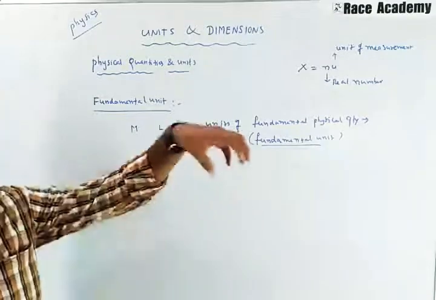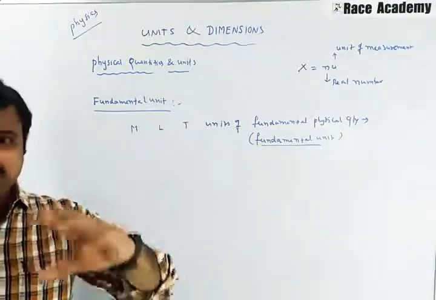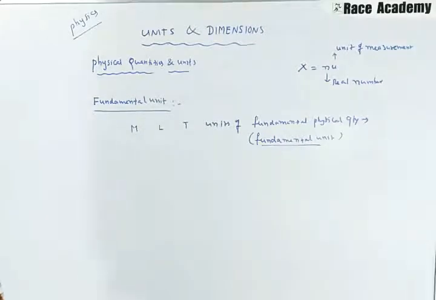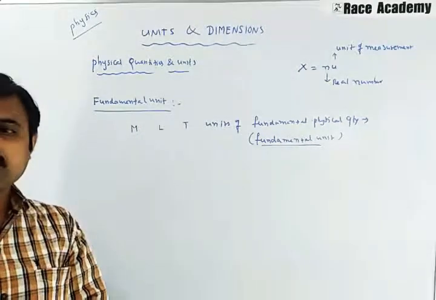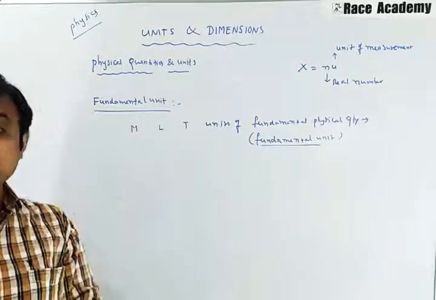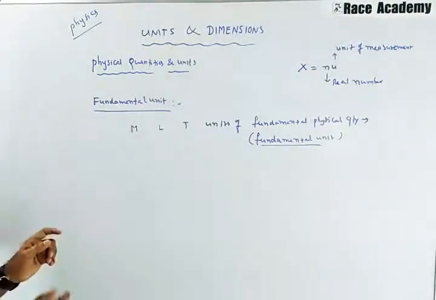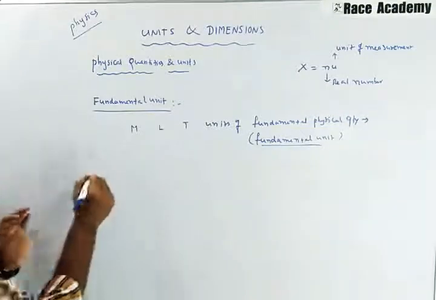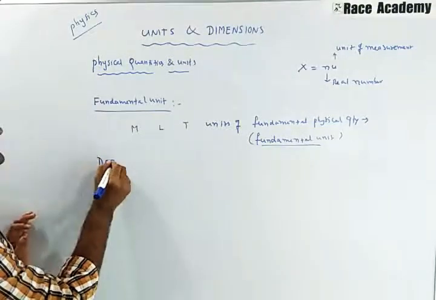We talk about a physical quantity and its formula, and we also give its fundamental unit for that. Any physical quantity which can be derived from fundamental physical quantities we call a derived physical quantity. Now, we will discuss what a derived unit is.